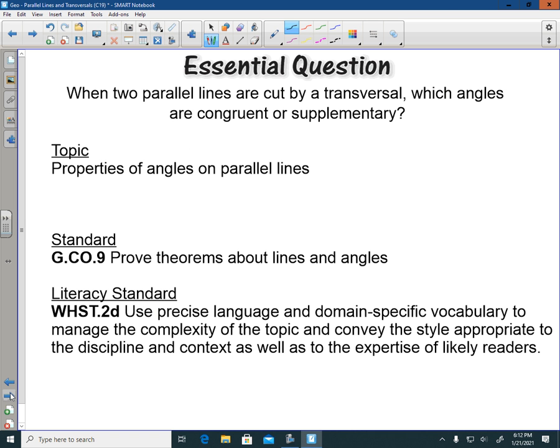All right. Your essential question: when two parallel lines are cut by a transversal, which angles are congruent or supplementary? The topic is properties of angles on parallel lines. Now, we've been talking about lines; this is the third lesson now. In the first one, we talked about how lines either cross or they don't.